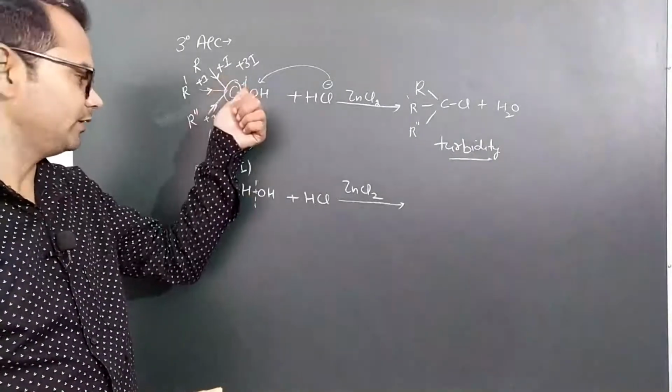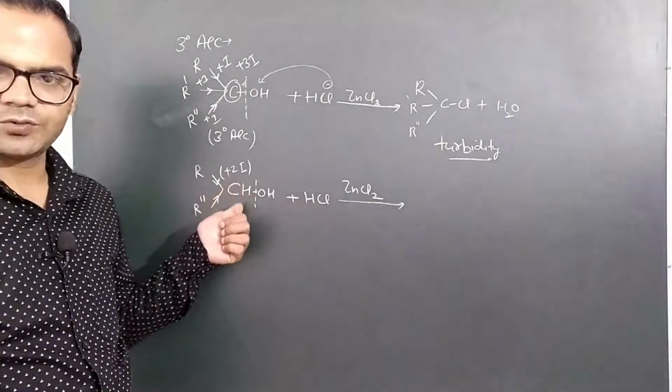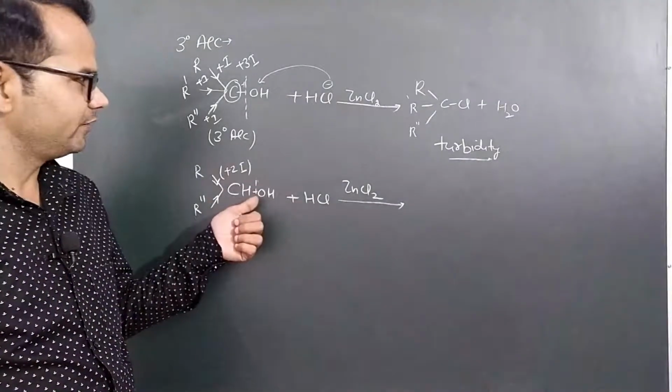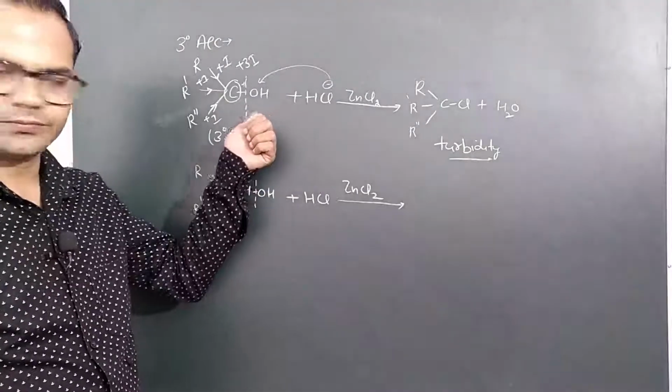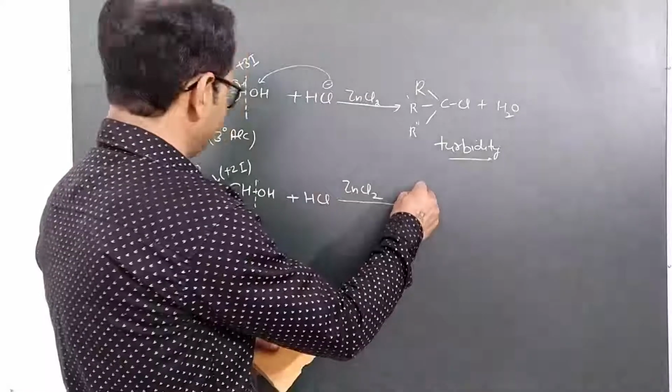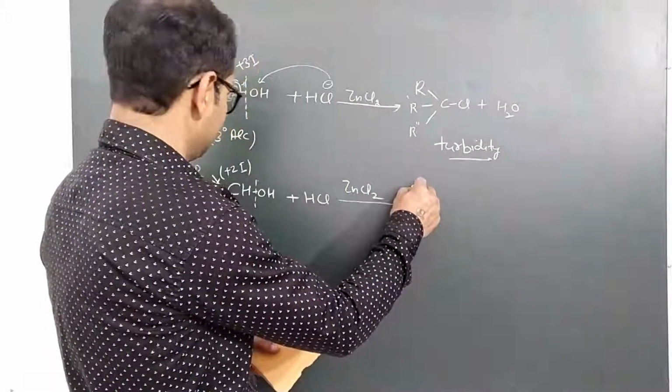There is a plus 3I effect here, and here we have a plus 2I effect. So this bond will cleave quite difficultly as compared to tertiary alcohol. So the reaction will proceed. Formation of turbidity will take some time.